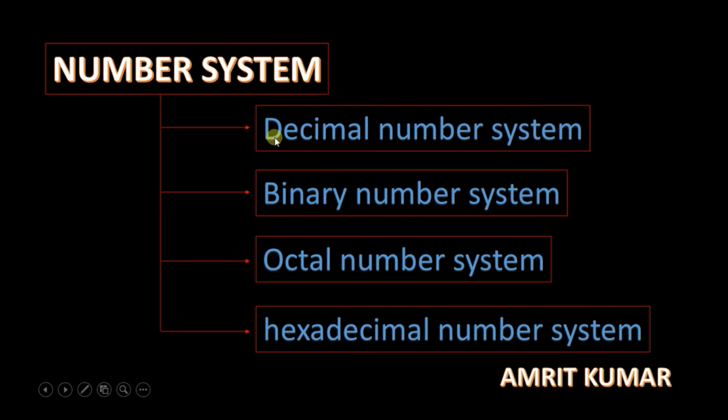In the same process, we learned that decimal is converted into octal and octal into decimal. Now in this video we are going to learn how to convert a hexadecimal number into a decimal number system.